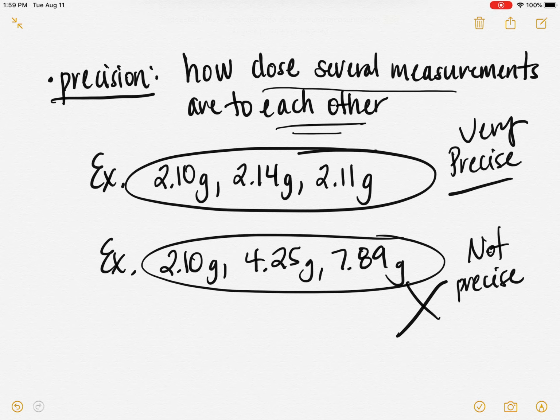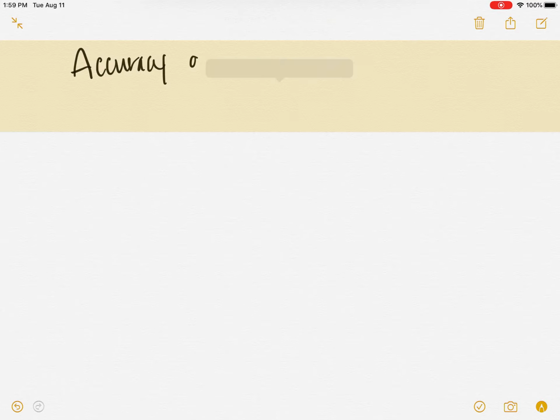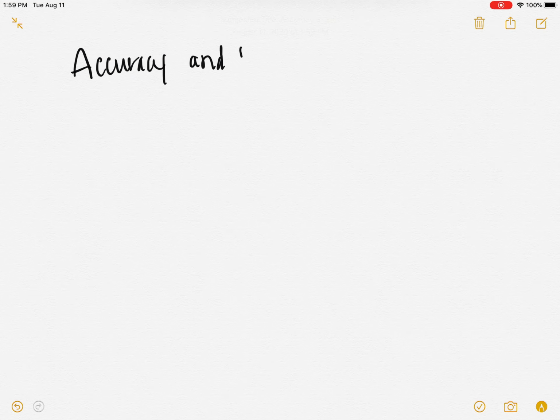Okay? So one thing I like to do with accuracy and precision is talk about a target, like you're throwing darts. Because this is a visual, and I think it's pretty helpful.